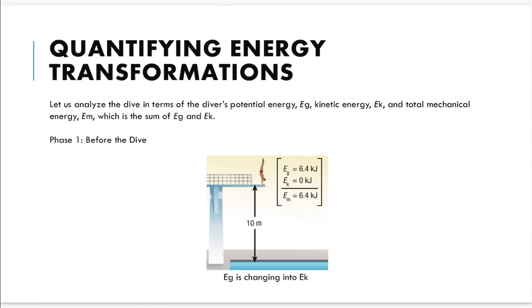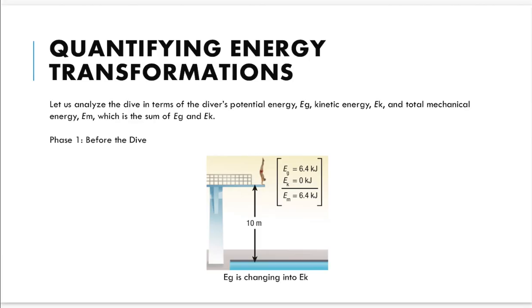So we can analyze a dive made by a diver in terms of the diver's potential energy, gravitational energy, kinetic energy, and total mechanical energy, which is, remember, we talked about this in the previous lesson, the sum of the gravitational energy and the kinetic energy.